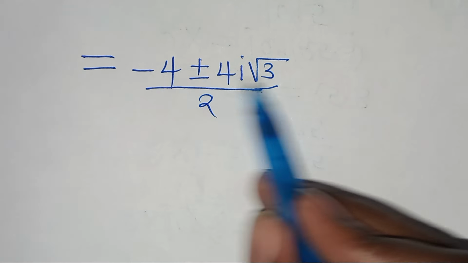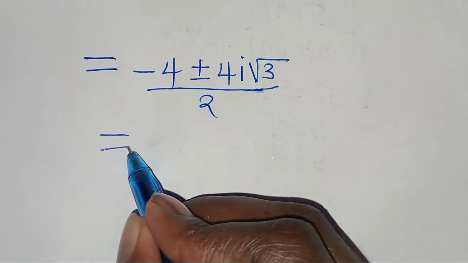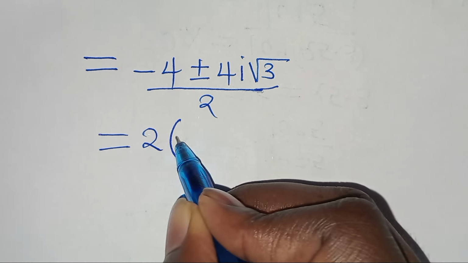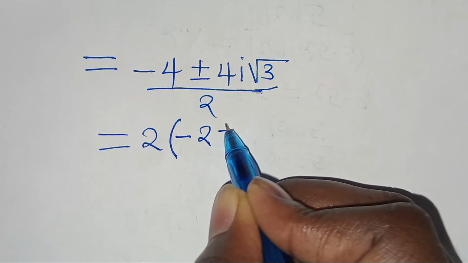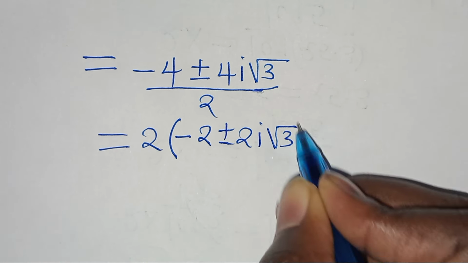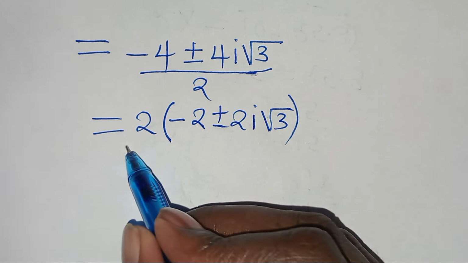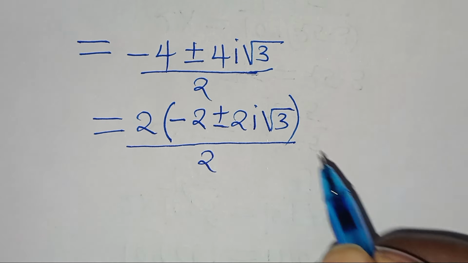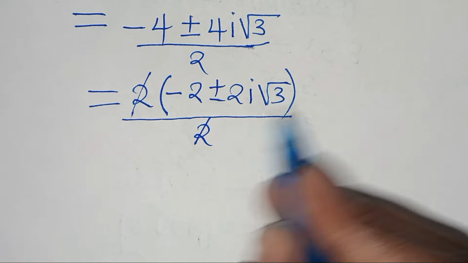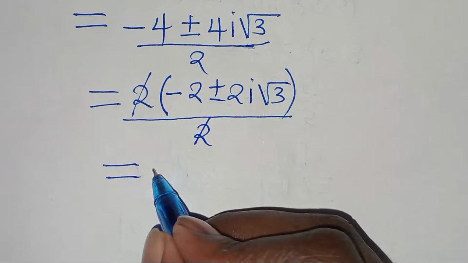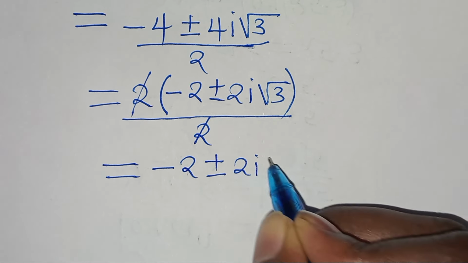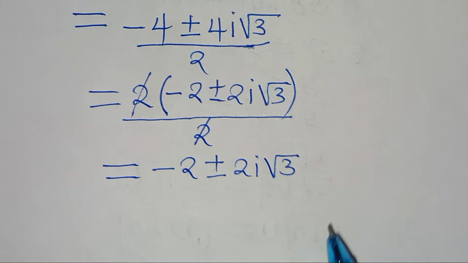Now in the numerator here, we have that 2 is common, so we can factor out 2, so that now in the parentheses we have minus 2 plus or minus 2i square root of 3, close the parentheses, everything divided by 2. So that now let's simplify 2 and 2 here, so that now we have negative 2 plus or minus 2i square root of 3.